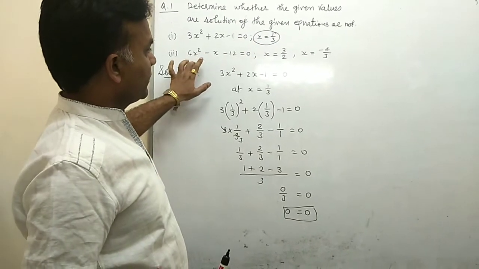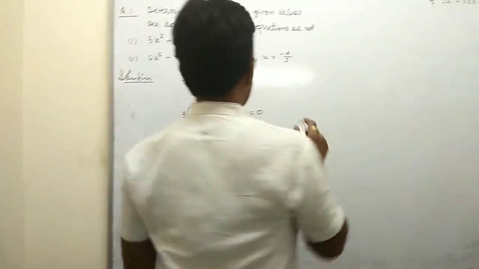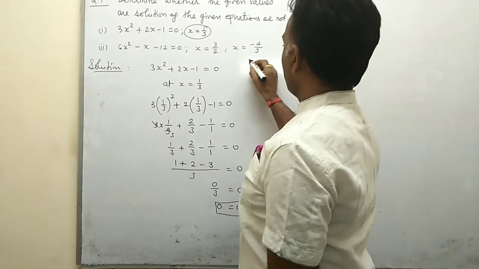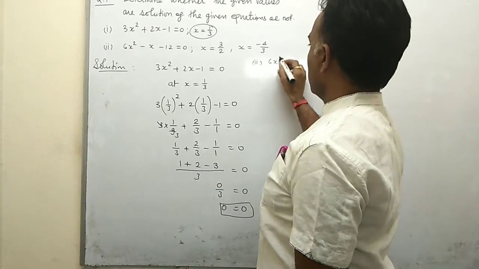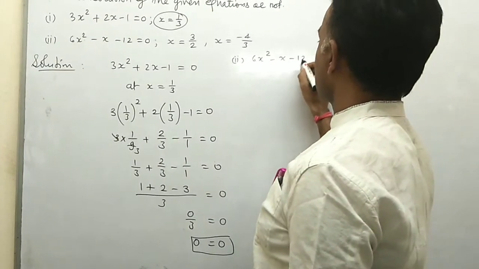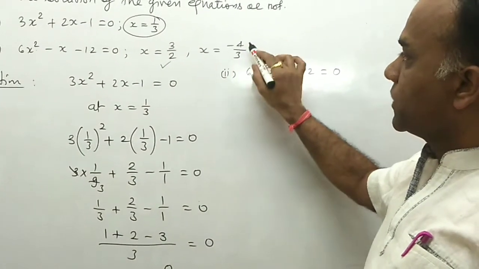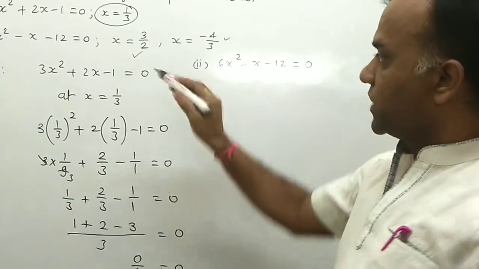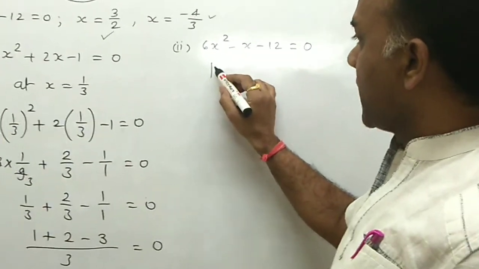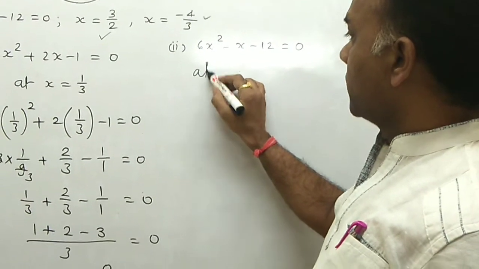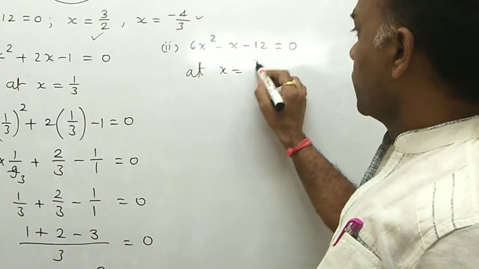Now we take the second equation: 6x square minus x minus 12 equal to 0. There are two answers, x equal to 3 by 2 and x equal to minus 4 by 3, so we check for both. First we check x equal to 3 by 2.